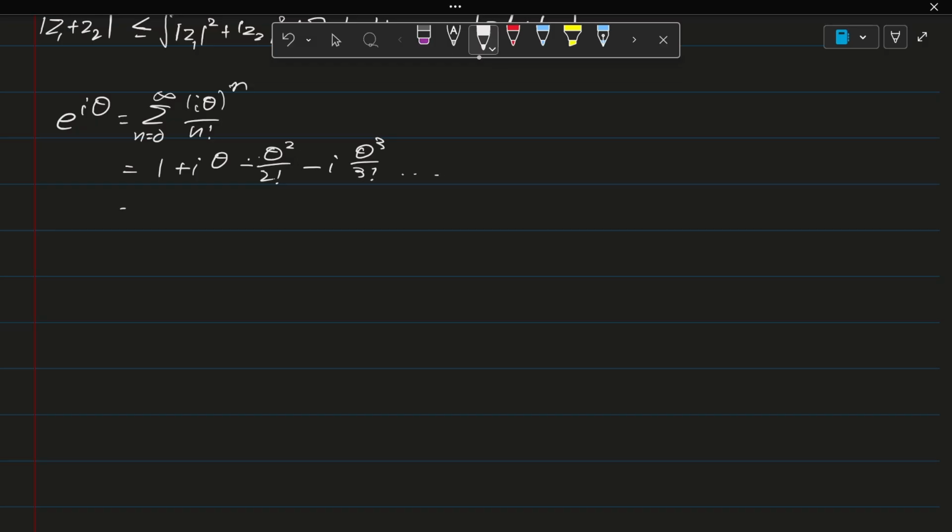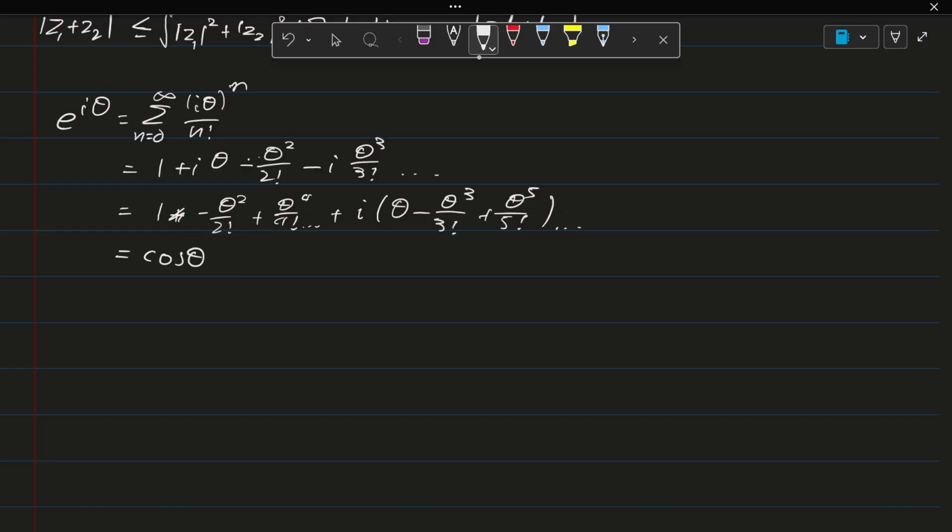We could rewrite this as 1 minus theta squared over 2 factorial plus theta to the power 4 over 4 factorial, and then the other part is i times theta minus theta cubed over 3 factorial plus theta to the power 5 over 5 factorial, and so on. What we observe is that this is just cosine theta, and the other part is i sine theta.